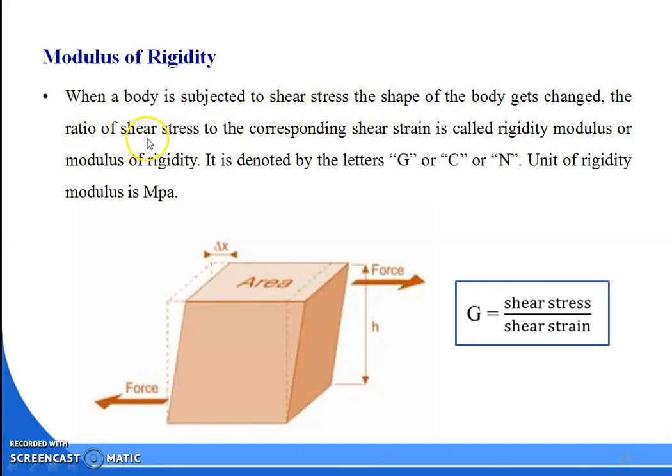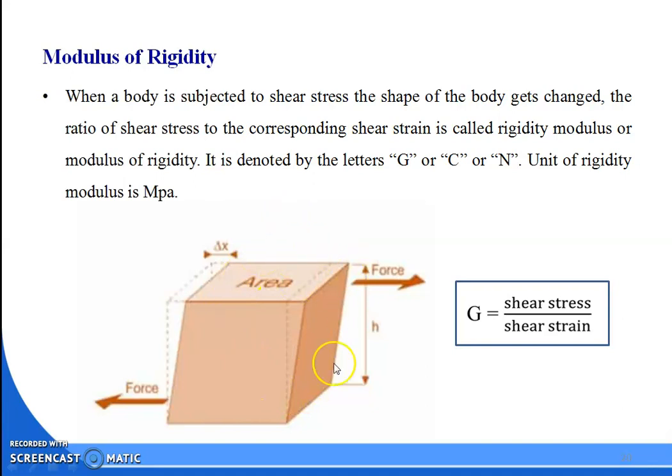The ratio of shear stress to the corresponding shear strain is known as rigidity modulus or modulus of rigidity, and it is denoted as capital G, capital C, or you can write capital M. The unit of the modulus of rigidity is the same as stress and Young's modulus, which is megapascal or Newton per mm square. In a simple way you can remember it as the ratio of shear stress to shear strain.